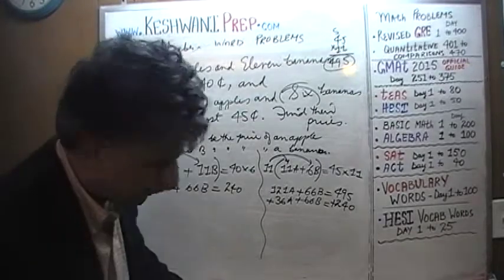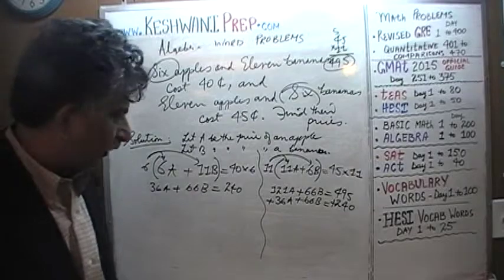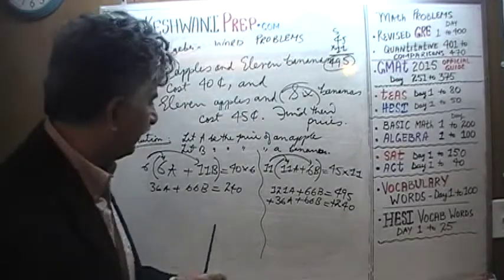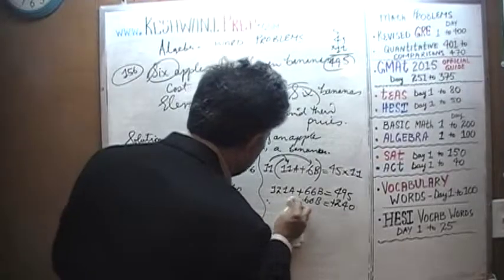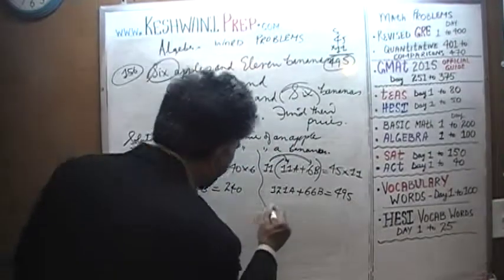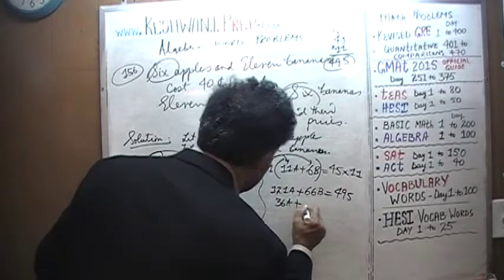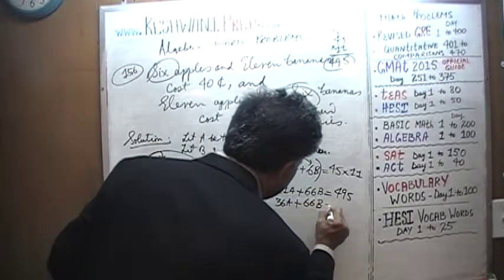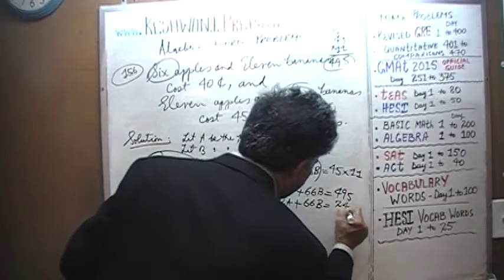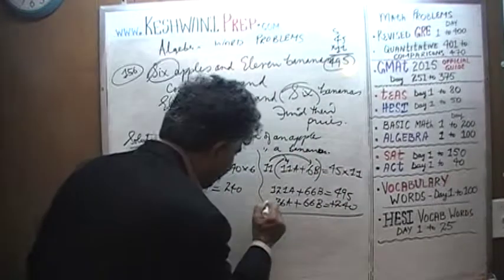Now, if you were to subtract this bottom equation from the top equation, let me write this a little bit neatly. I don't like the way it looks. 36A plus 66B equals 240, which has a positive sign. And this one has a positive sign in front as well.